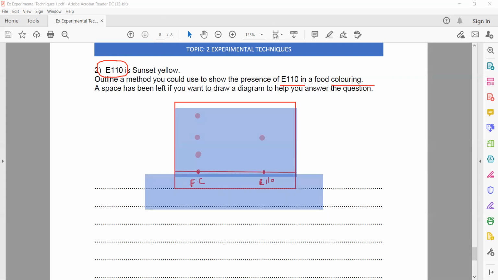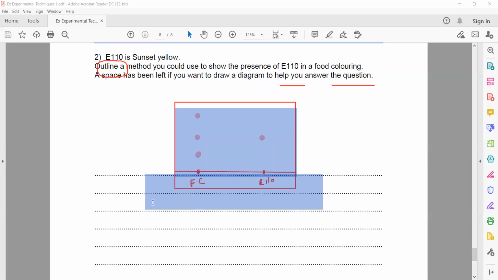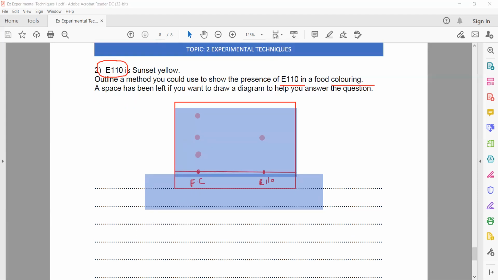So how do we write this answer? We will use chromatography. Then we will draw the origin with pencil.